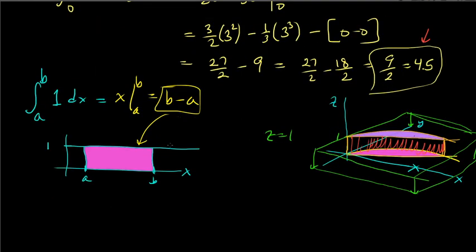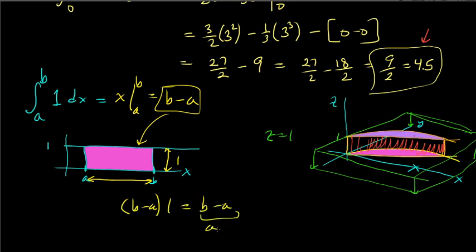Well, what else is b minus a? B minus a is also the length, the distance between b and a. So which is it? Is it the length between a and b, or is it the area of the rectangle? Well, when the height of the rectangle is 1, the length, b minus a, times 1, is still b minus a.